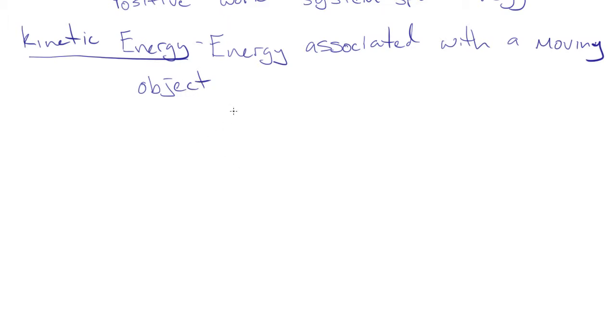Let's just jump right into the definition. Kinetic energy is equal to 1/2 times the mass of the object times its speed squared: 1/2 mv squared. If I look at the units of kinetic energy, what do you think they should be?